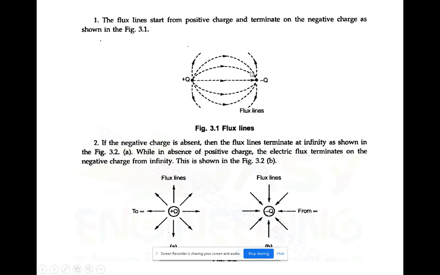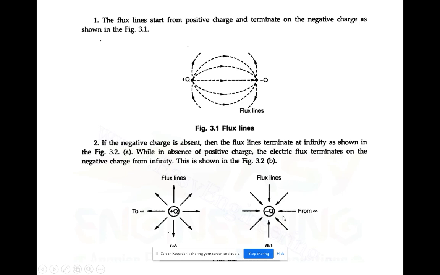With the negative charge absent, you have only the positive charge. What will happen then? The flux line will terminate at infinity. There will not be any distance value given there, because of the absence of the negative charge. The negative charge is zero here, so the flux lines end at infinity.